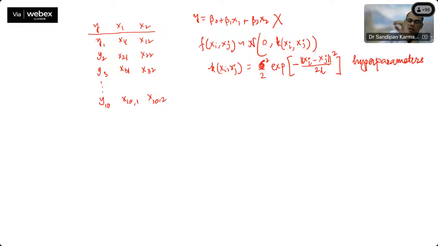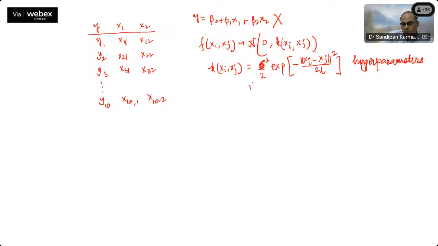So what is a hyperparameter? A hyperparameter is a parameter of parameters. Here, the model I am choosing is non-parametric in nature, and that non-parametric model is infinite dimensional. That infinite dimensional parametric space can be parameterized by two parameters, sigma square and L. Now what is sigma square?